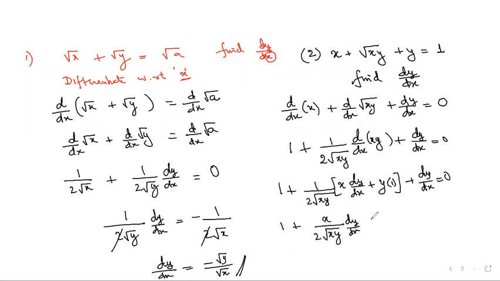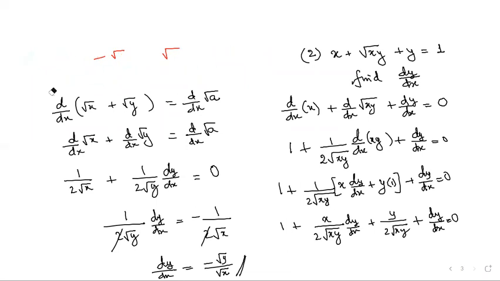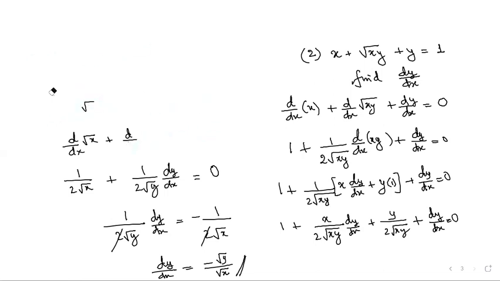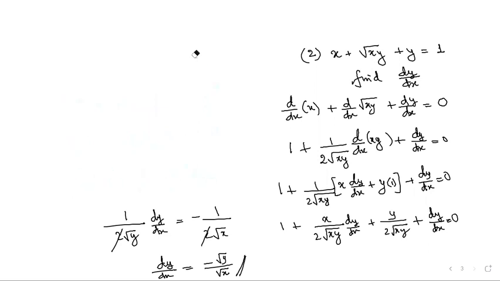Now we are opening the bracket. Now, how many terms are there with dy by dx? 2.